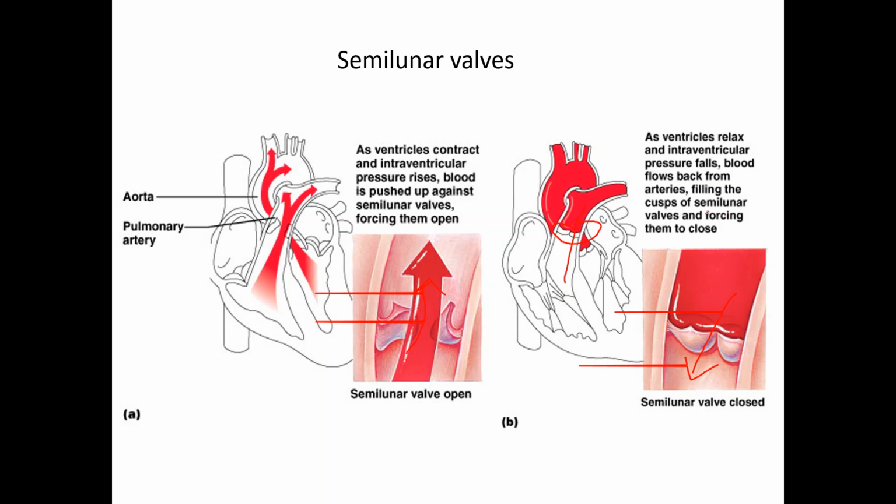And so, because of the shape of these valves, as blood is pushed out from the ventricles, the blood itself that is in this vessel creates a pressure from the other direction, so that those cups fill up and close.